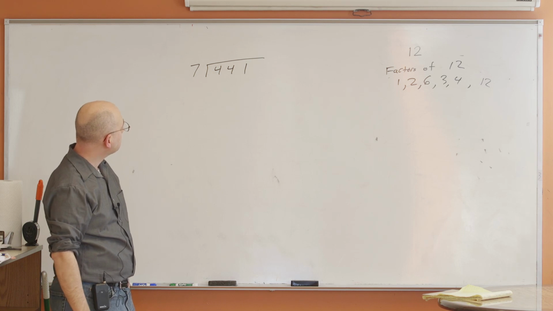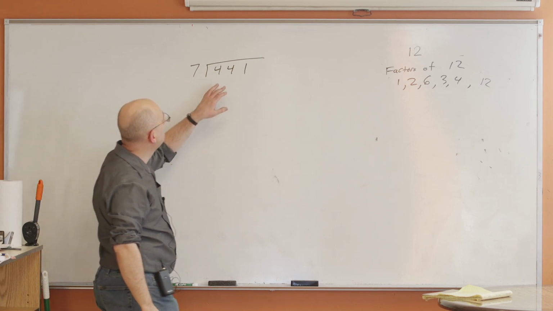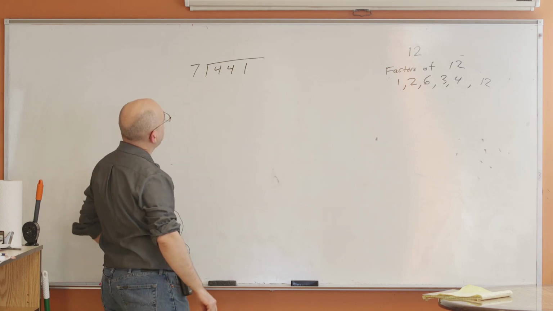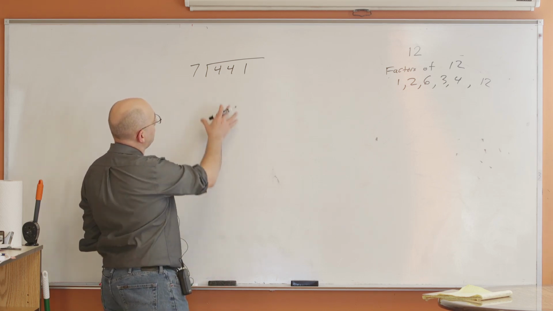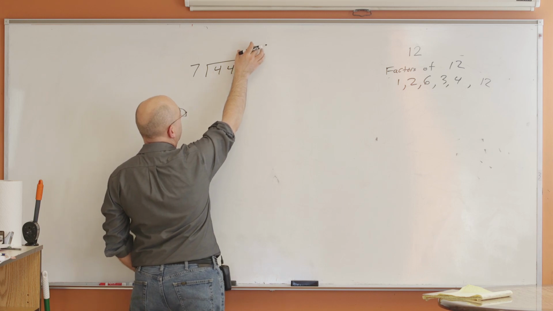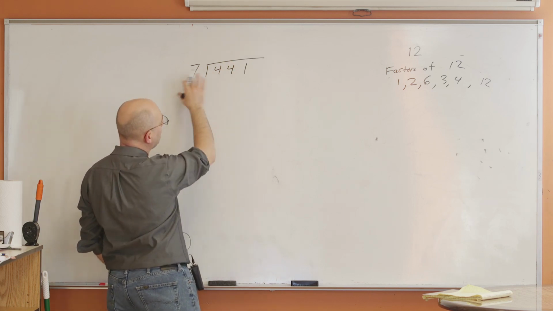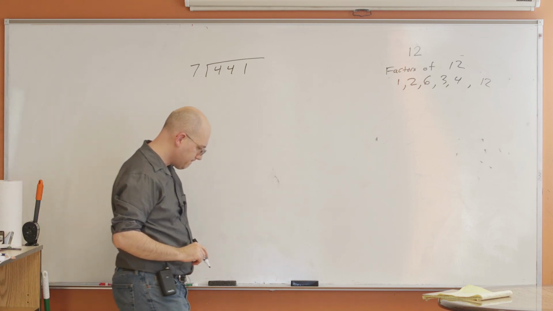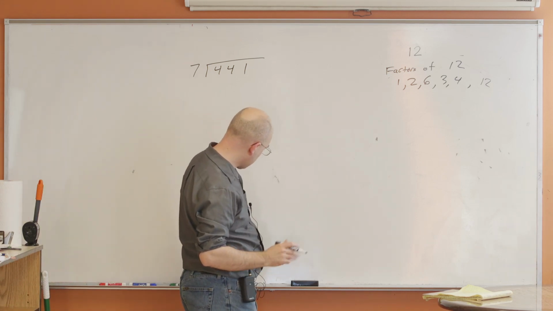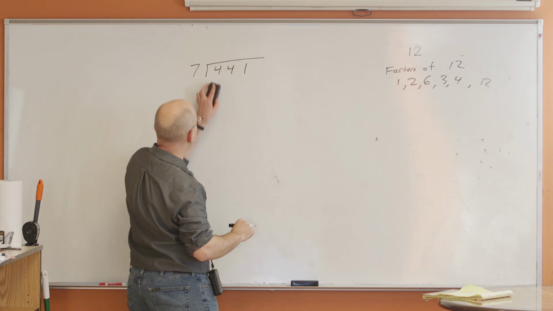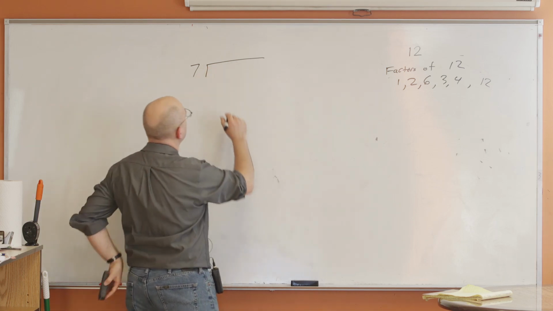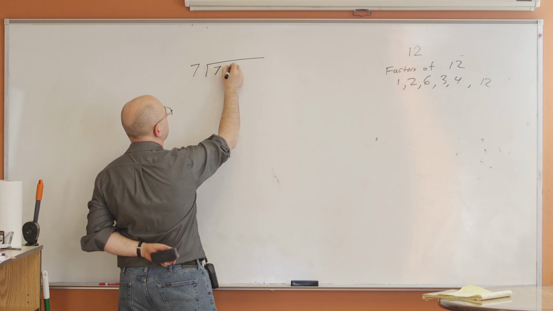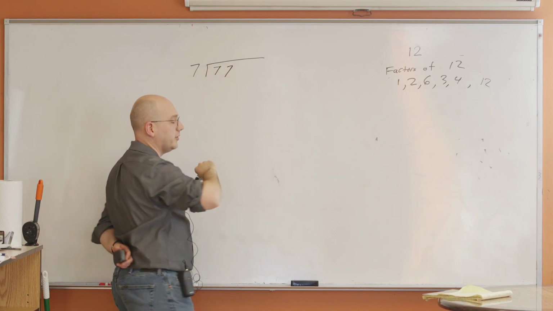Well, basically, we want to find a number such that when you multiply it by 7, you get 441. Now, actually, before I get to that one, maybe I'll do something slightly simpler. 7 into 77.